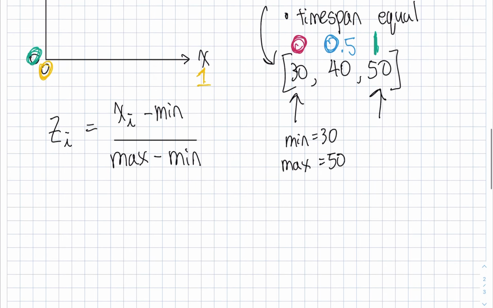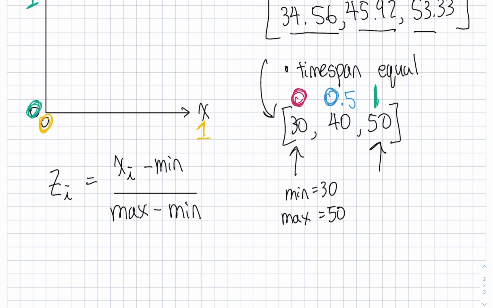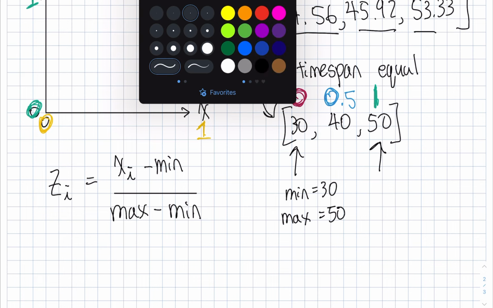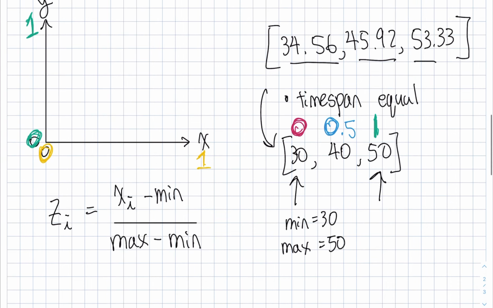All right, so what we need to do is split up the x-axis into even portions in order for us to place these numbers equally, placing them at equal distance to each other.